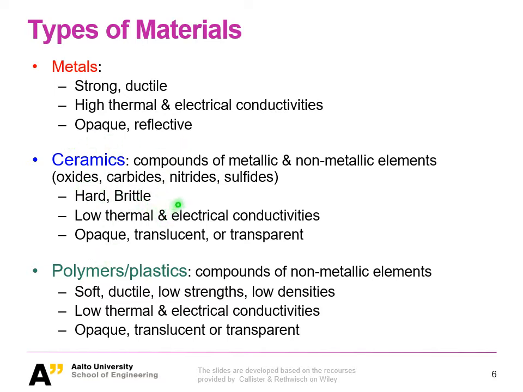The level of detail will be much less compared to what we did with metals, because it is not possible to treat them with the same level of detail in this short period. But it's good for you to know how they are, and of course you can discover more when you read the textbook.